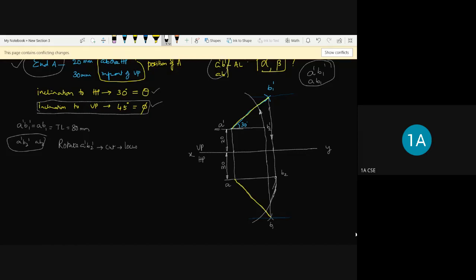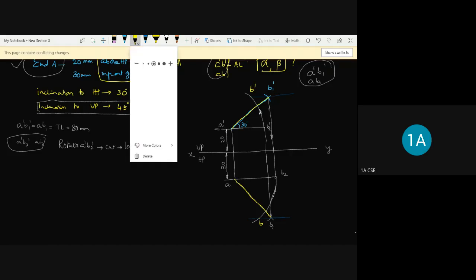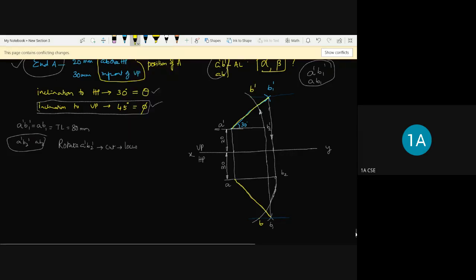Okay, so this is the point which I'm going to get here. So what is the point? This point is nothing but B. Here is the B and here is the B dash. Now join this line a little bit thicker than the previous one.